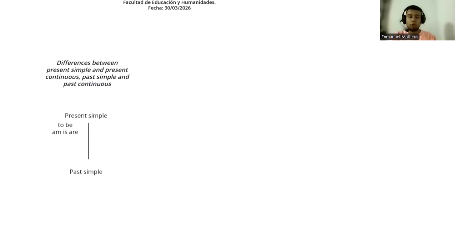These verbs are followed by the word to, for example, to fix, to cook, to cry, and so on.